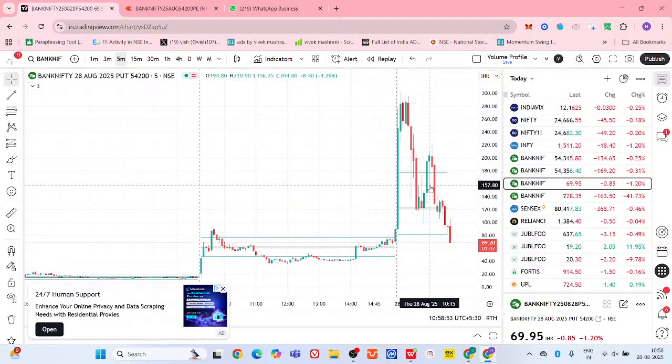The levels I have already marked, the previous days also were marked. I'm just working on that kind of an indicator.